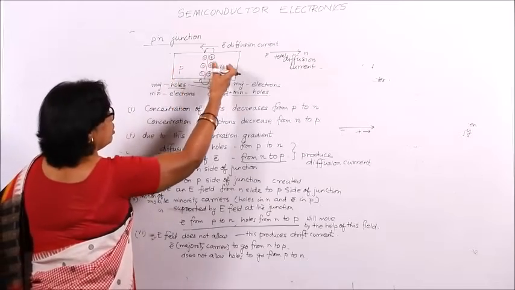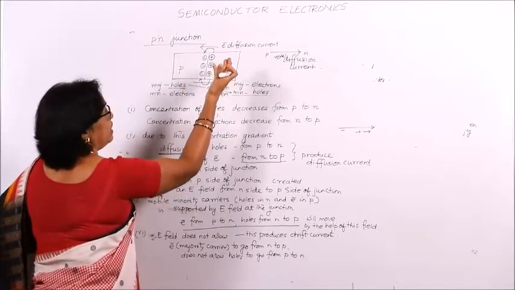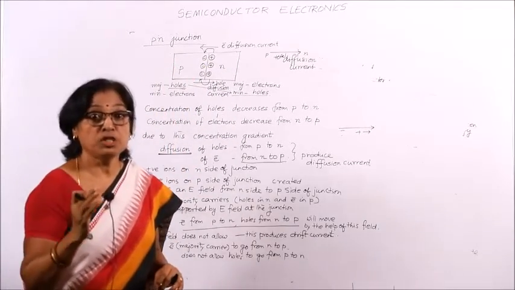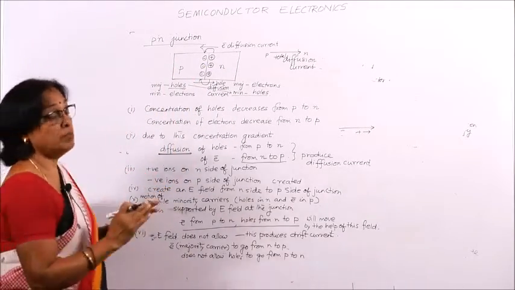That means holes are obstructed from P to N and electrons are obstructed from N to P. Because it opposes the motion of majority carriers, it is called a barrier field.